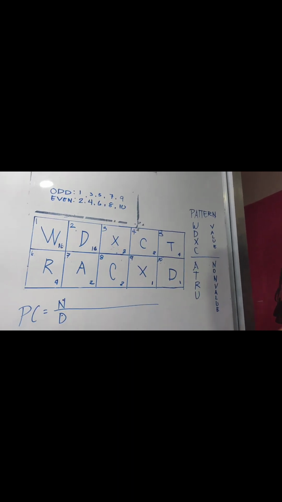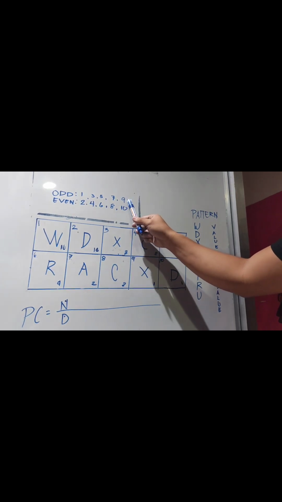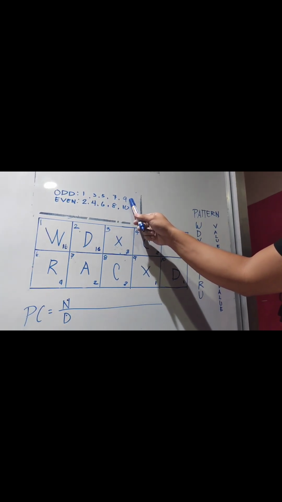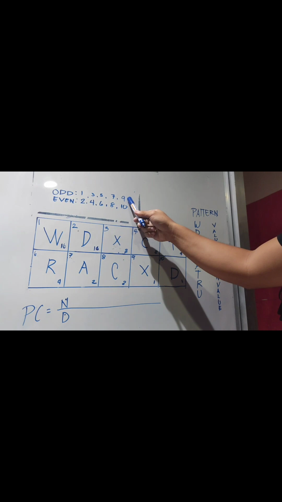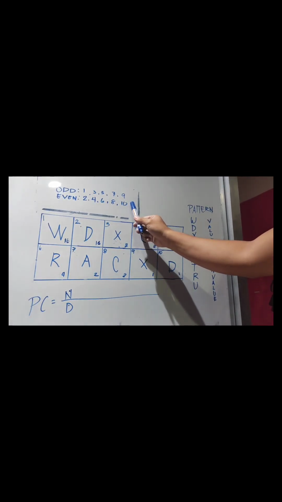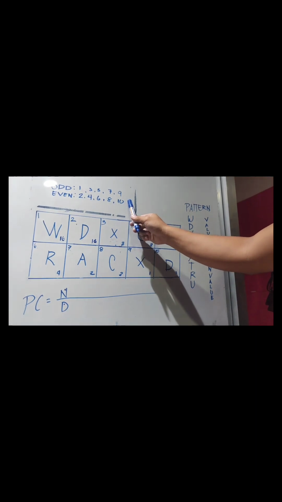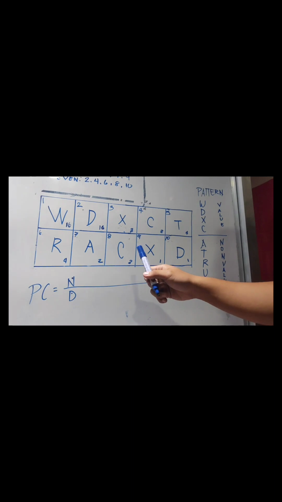So here in primary classification, we're gonna use only whorl pattern, the arc pattern and loop pattern and value. So we're going to use the odd numbers for the denominator, which is 1, 3, 5, 7, and 9. And the even numbers is our numerator, which is 2, 4, 6, 8, and 10.